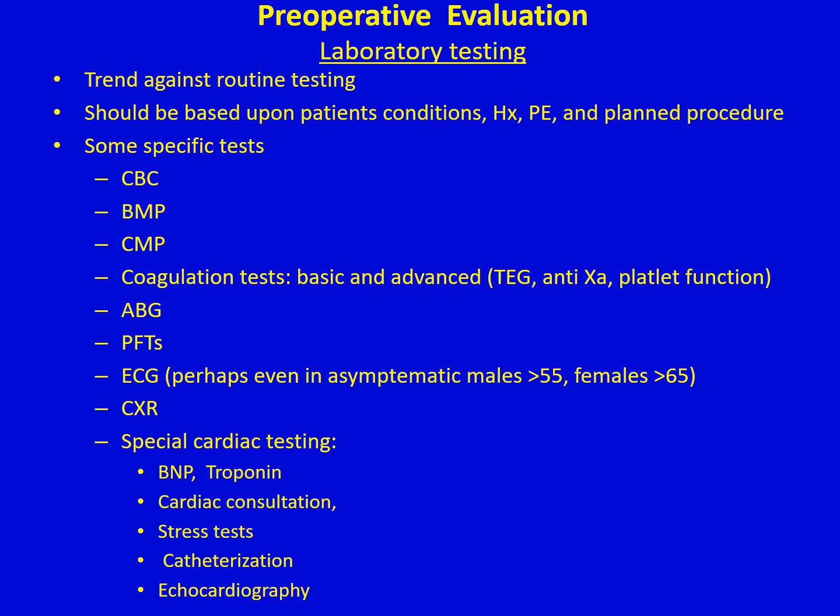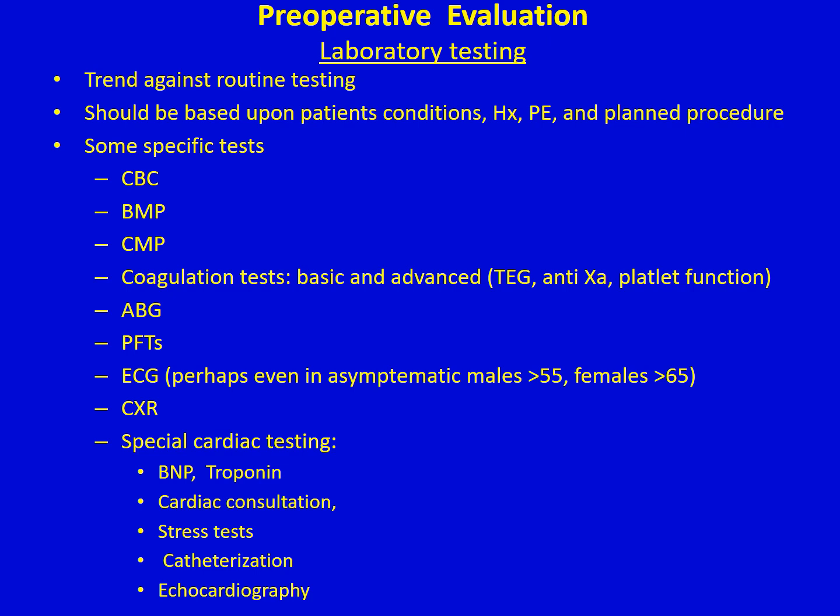ECG, not generally recommended routinely, although many experts recommend that even in asymptomatic males over 55 and asymptomatic females over 65, they should perhaps have an ECG if they're having at least a major operation. Chest x-rays, again, depends on the patient.